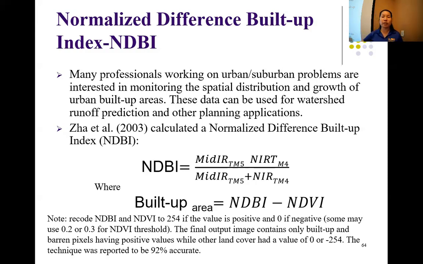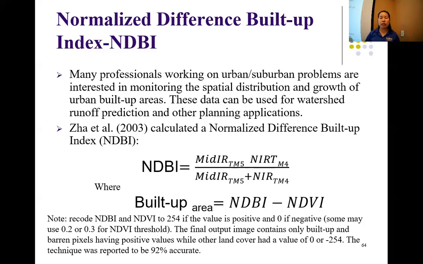For example, the city of Las Vegas, how it gradually developed and became a much bigger city. Many professionals working on urban and suburban problems are interested in monitoring the spatial distribution and growth of urban built-up area. And this data set can be used for watershed runoff prediction and other planning applications.